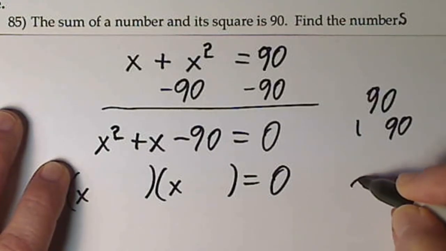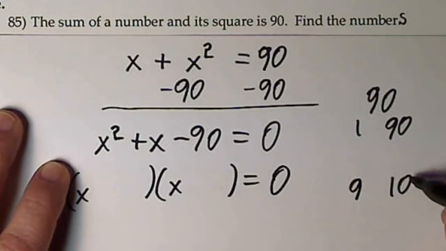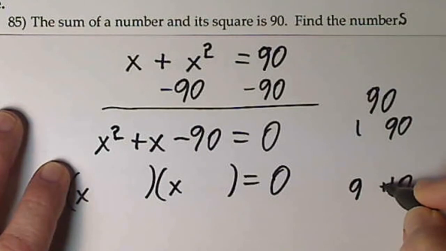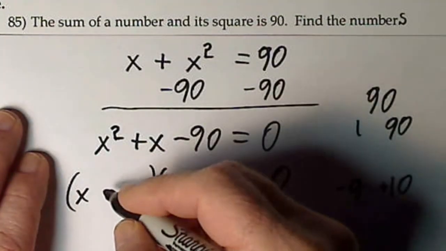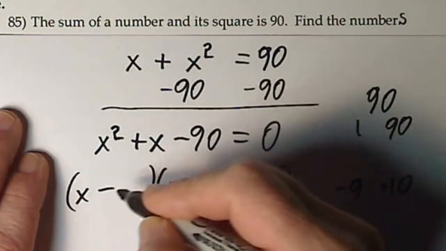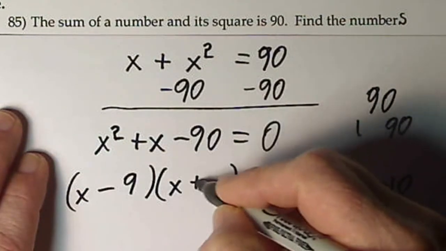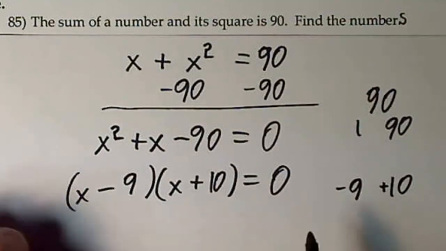How about 9 times 10? That would give me 90. And for positive 1, I'll say positive 10, negative 9. So we have x minus 9 and x plus 10.